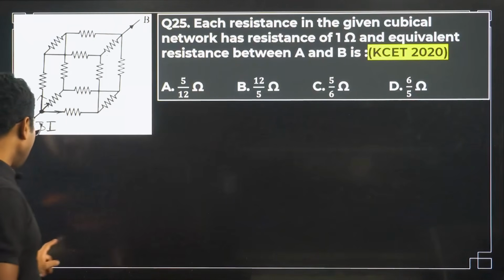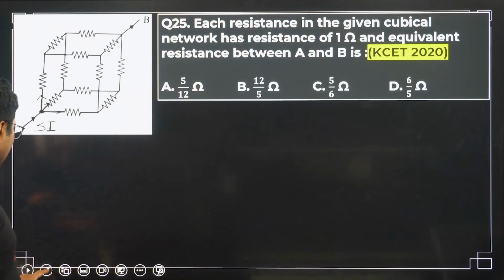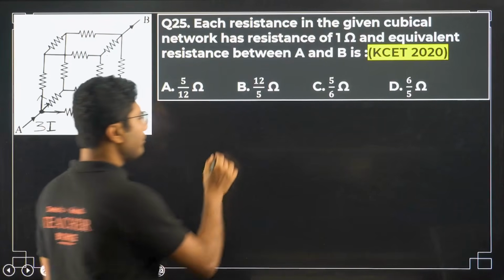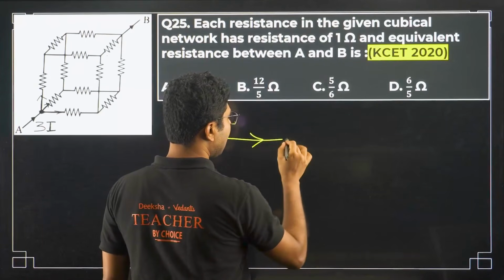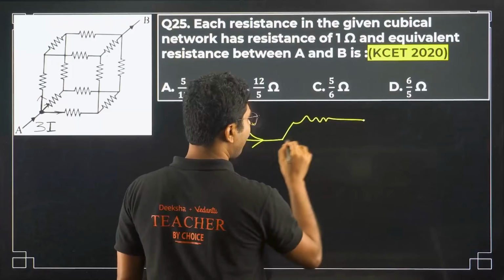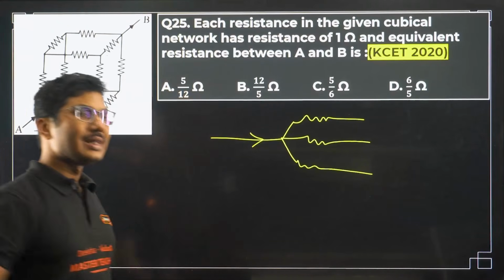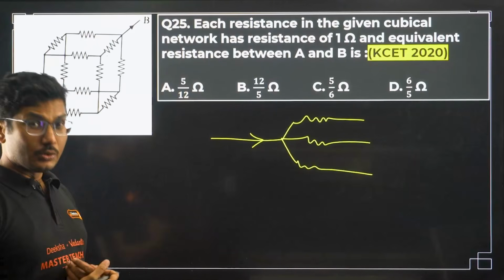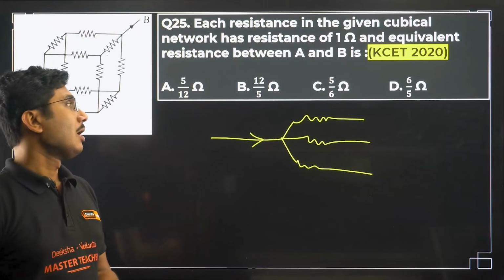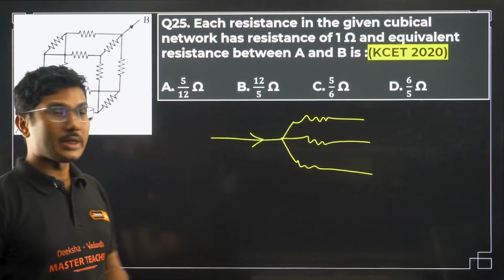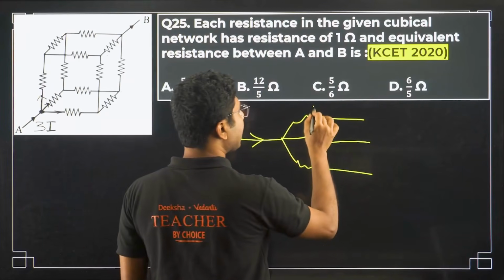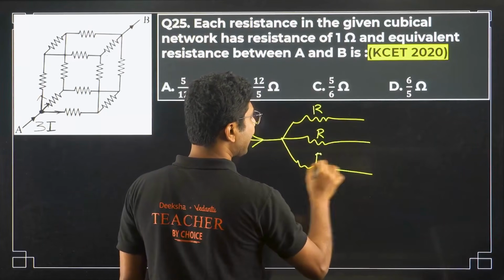To understand that, suppose a current is passing and you find 3 paths or 4 paths or 5 paths. Will the current always distribute equally? No. But when will the current distribute equally? The current will distribute equally if all the resistances are the same.